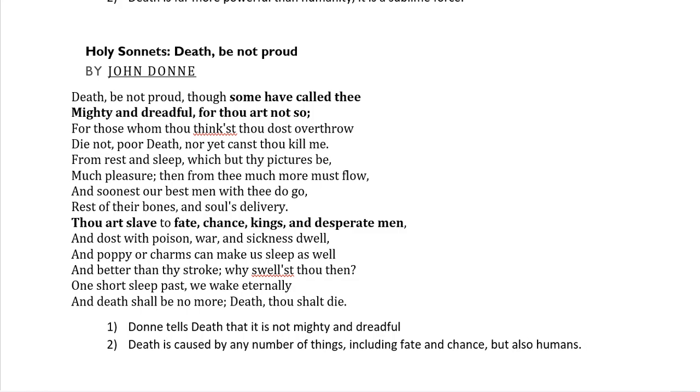Death thou shalt die. Now, I have a little bit of contextual knowledge that I can apply here, which is that this is clearly a Christian poem. It's called Holy Sonnets. It's written in English, always a good guess. And this idea, there's a short sleep past, and then we wake eternally, and death shall be no more.